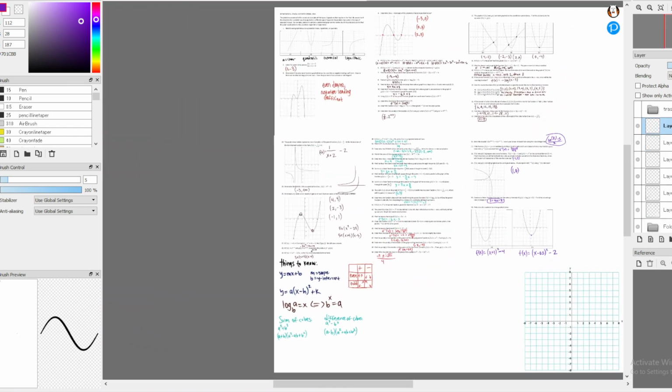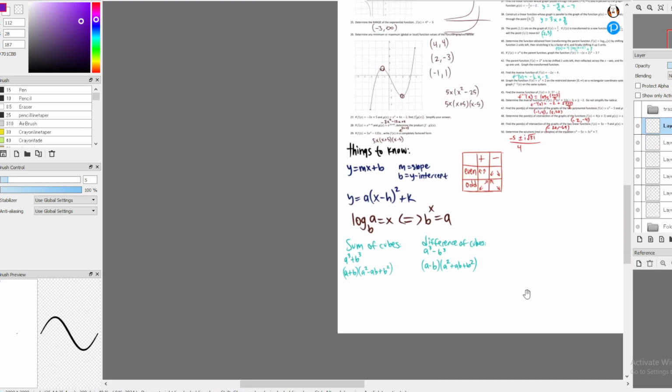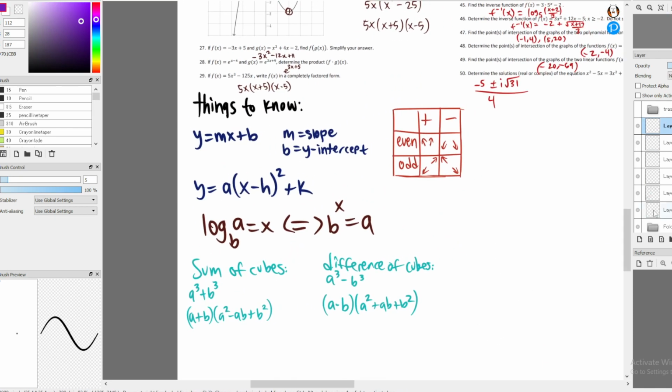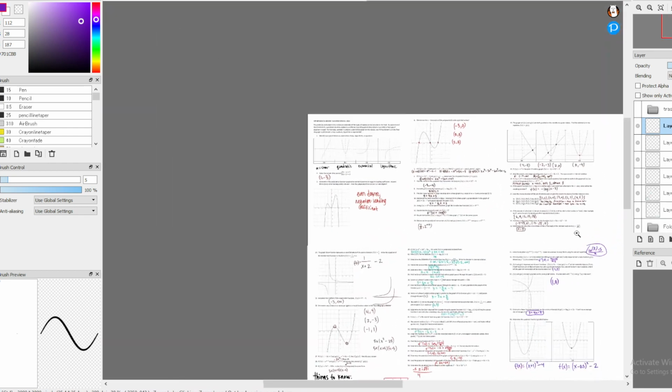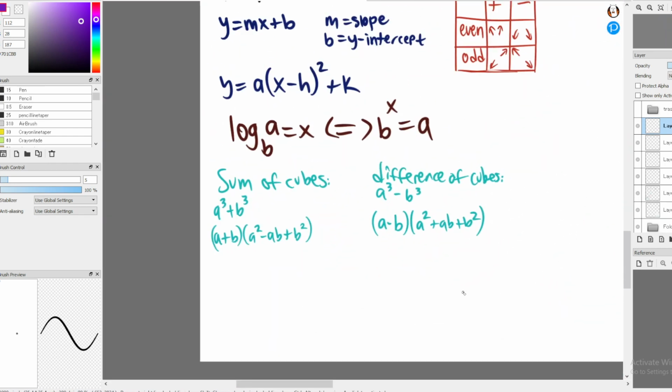Now, we made it through. I guess zooming back into things to know. We didn't do very much log separation stuff, but it might be good to review. Here's another good thing for you to know of log.